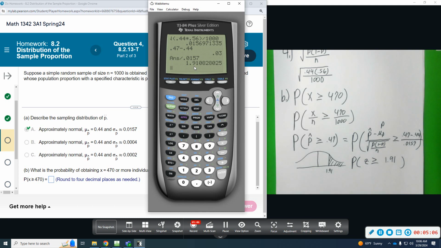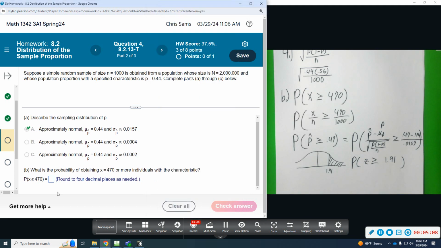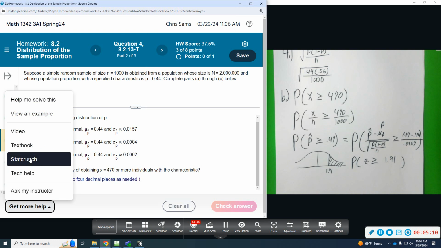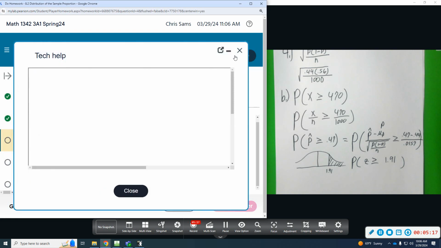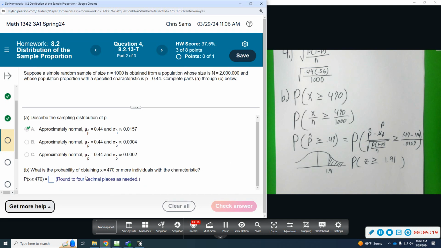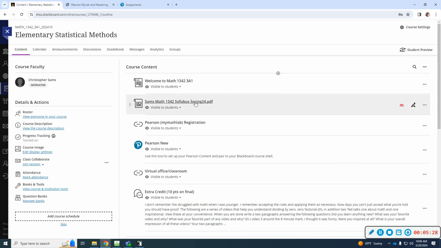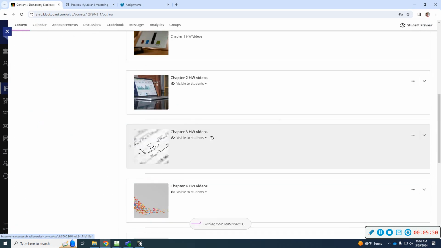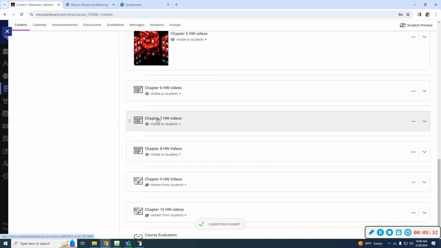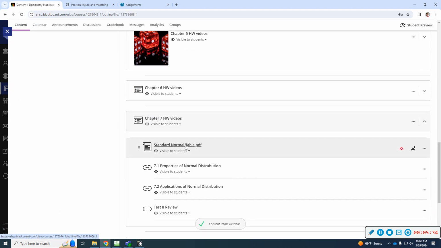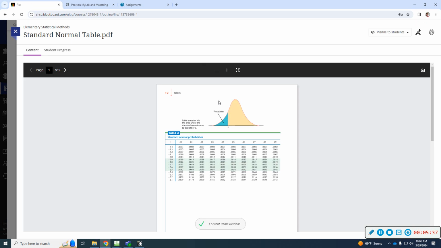And so all I need to do is pull up a Z-chart, which I guess we don't have listed, so StatCrunch would be the best if we don't have one on hand. I do believe I've added one to our Chapter 7 material, the standard normal table, so let me just use this anyway.